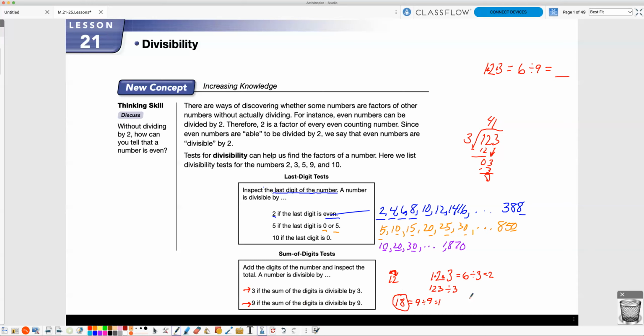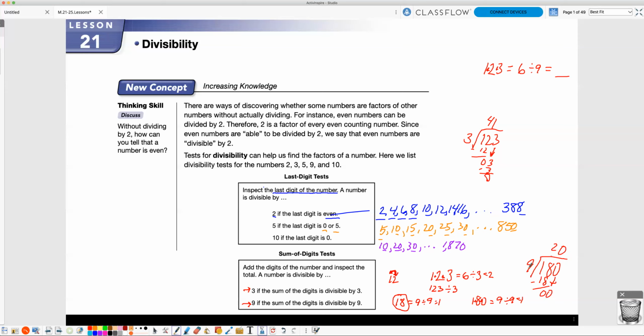If we had another one, say 180, those add up to 9 as well. 1 plus 8 plus 0 equals 9. 9 divided by 9, again, is 1. So that means 180 is divisible by 9. And you'll see that if you do the math and bring it down, you get that.